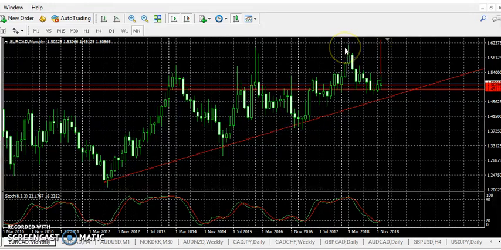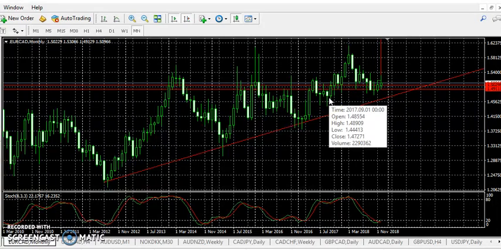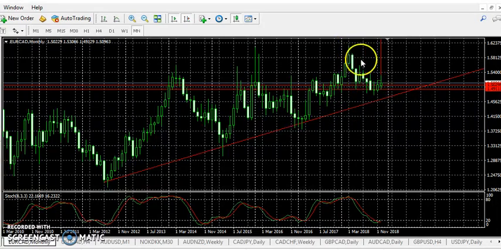We can see that from the monthly, we are very low in the curve. This drop was not supply. This drop was a structural retest of this demand here to break these highs, and that's a rule that we have. The highs must be broken.